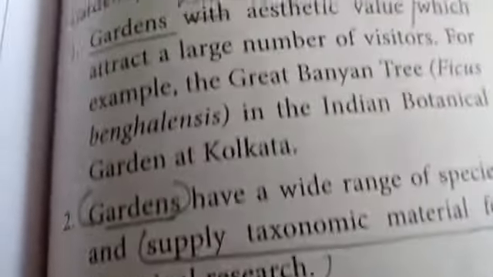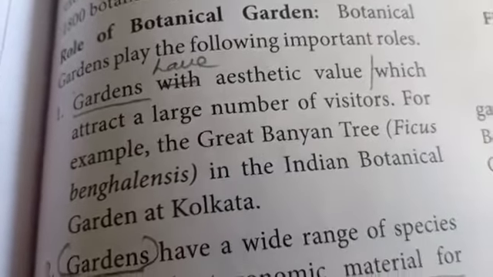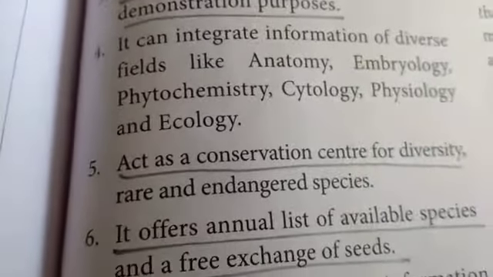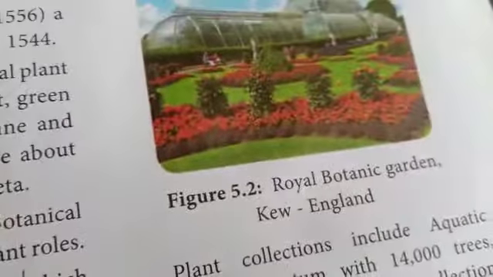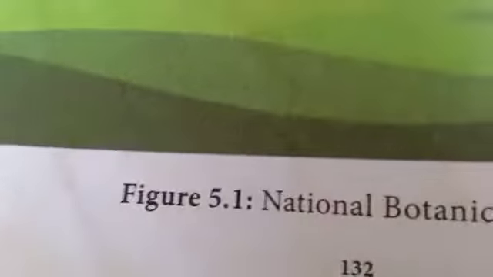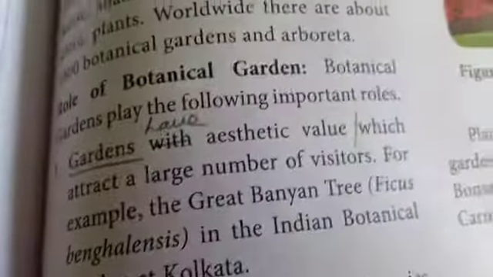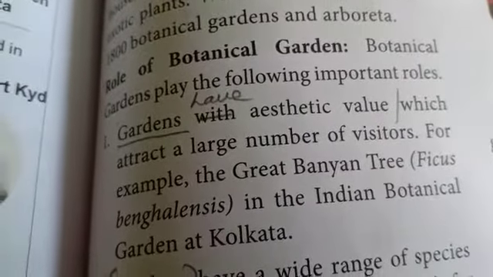So these are the roles of a botanical garden. Gardens play 7 very important roles, and that is what we have seen. It is on the page opposite to the figure Royal Botanical Garden and opposite to figure 5.1 National Botanical Garden. You have a heading called Role of Botanical Garden.